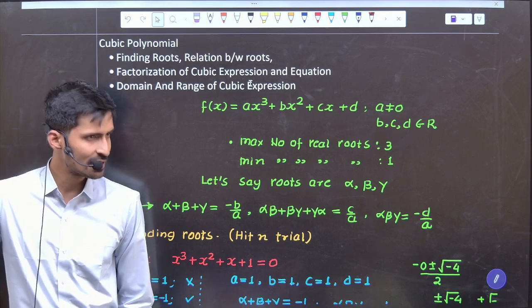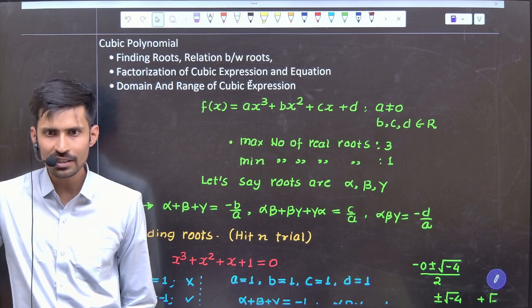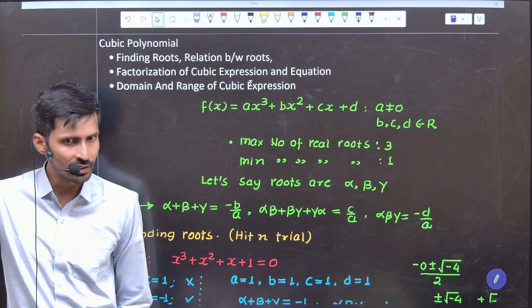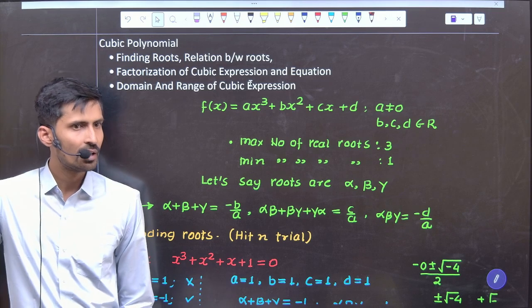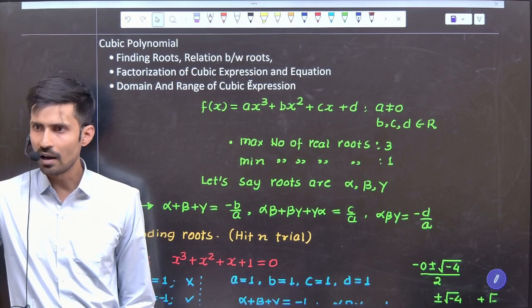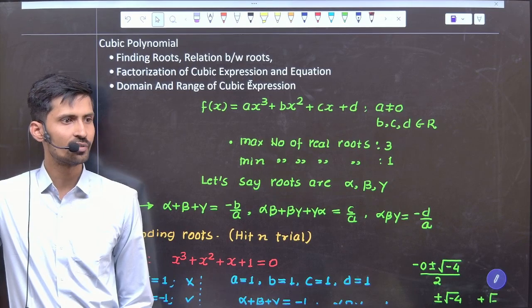A cubic expression is a polynomial, yes or no? What is the domain of a polynomial? Minus infinity to infinity. So write down domain: minus infinity to infinity.